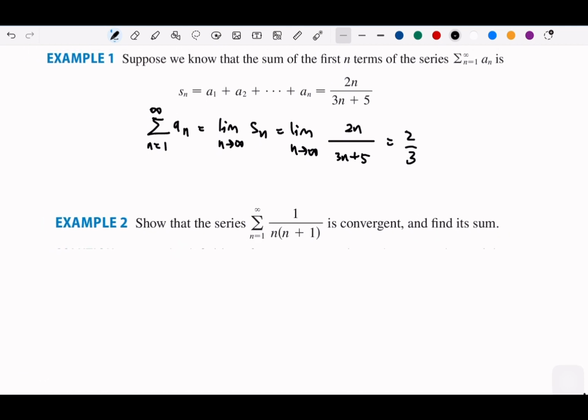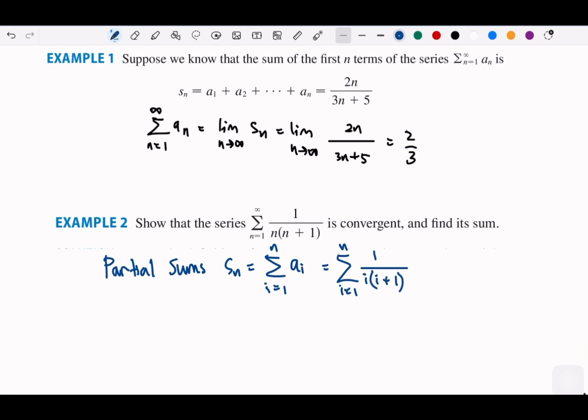So let's write the partial sum. Partial sums Sn is going to be defined as, and here we can just substitute the n with, let's say, I, just for this calculation.